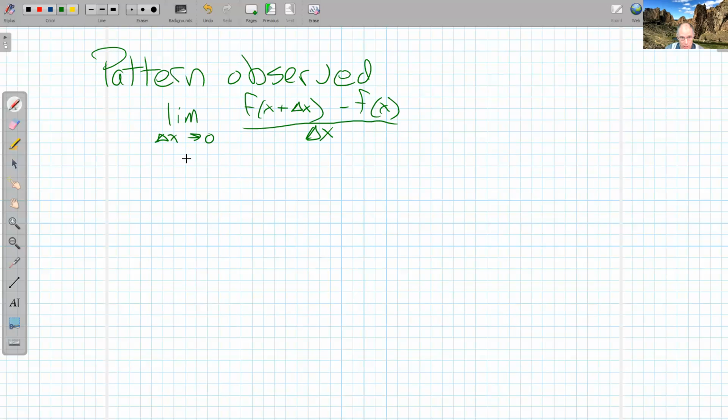We just look to see what happens as it gets close to 0. This is as that delta x, that small change in x, approaches, but doesn't actually get to 0. So we work our way around it. We don't actually get to the single point. We just say, hey, it looks like this is the pattern.